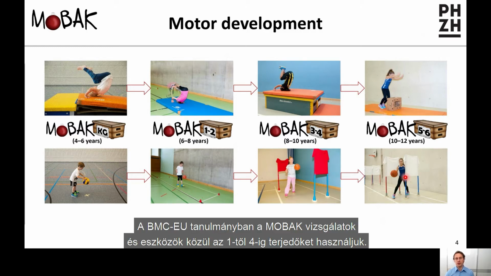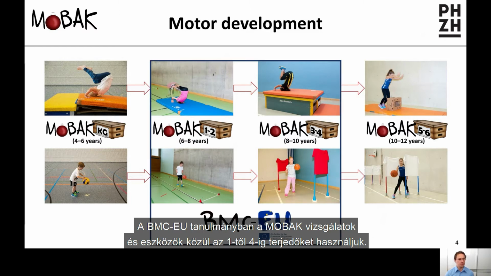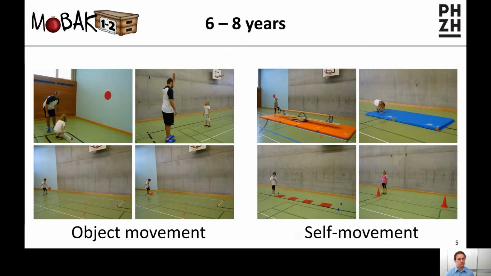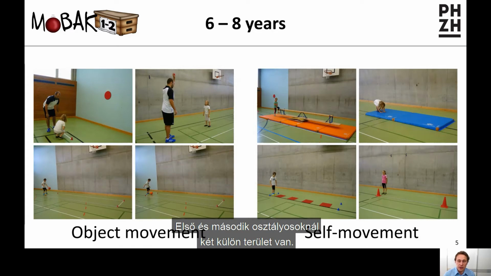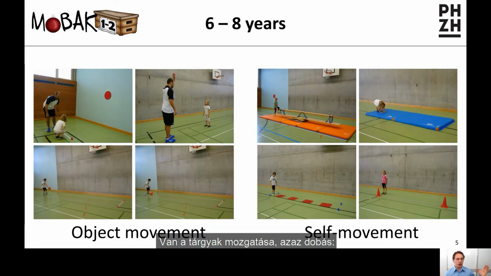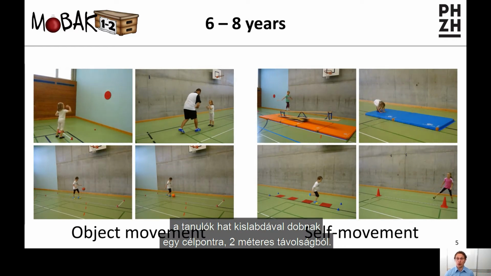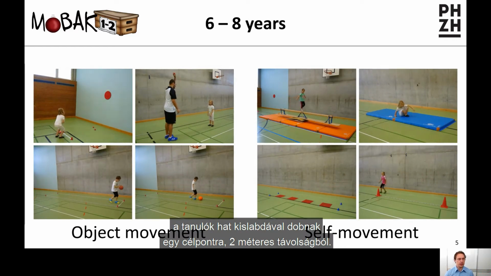In the BMC-EU study, we used the Mobx test instruments for 1 to 4. For the 1st and 2nd graders, we have 2 different areas. We have the area object movement, so it's throwing. The students throw 6 juggling balls from a 2-meter distance at a target.